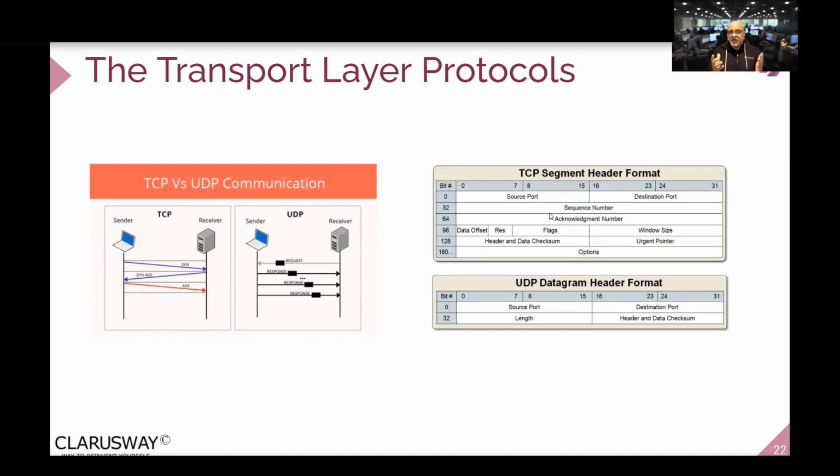I don't want segments to come in the wrong order. Otherwise, my web page is going to be upside down, or I'm going to have holes or missing portions of my website. So that's not really a good use case for UDP. It's a better case for TCP. I can take the decrease in performance because what I'm most concerned about is that my web page shows up. That's why I'm going to use TCP. Okay.